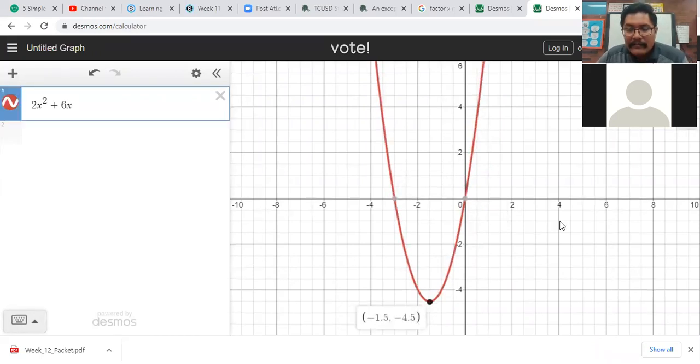And our axis of symmetry, which is correct. We did say it was -1.5 and -4.5. But again, solutions, -3 and 0.